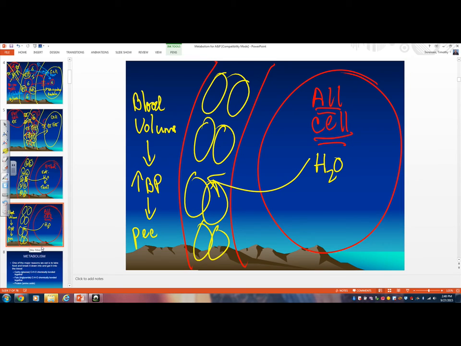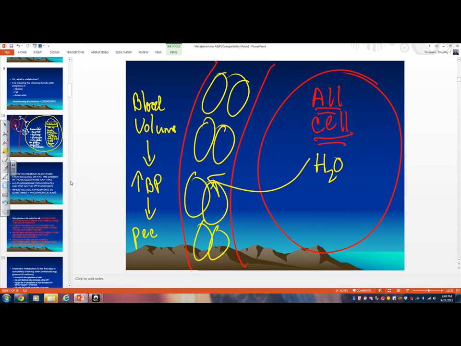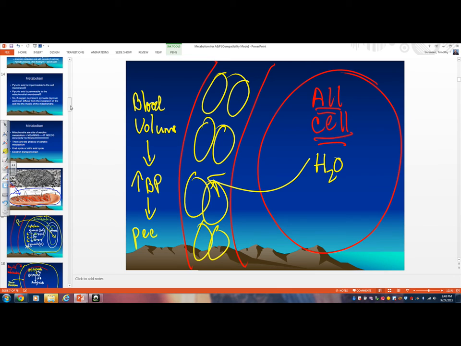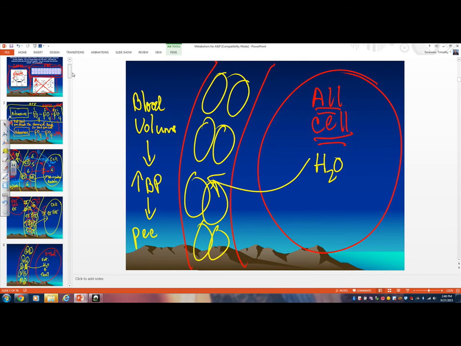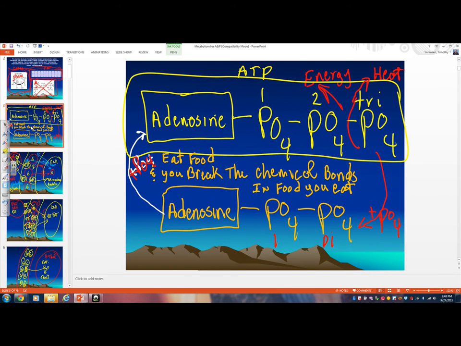So let's talk about metabolism for a little bit. Again, what's our goal? Our goal is, when we use ATP inside the cell, what's left over is ADP.